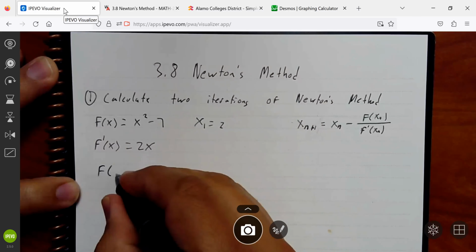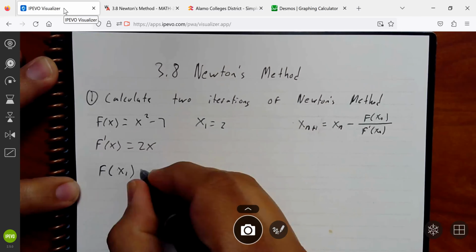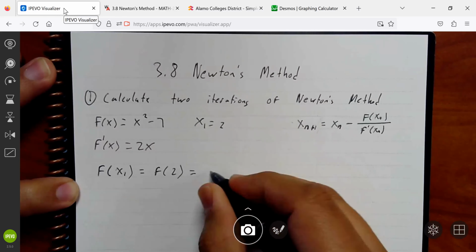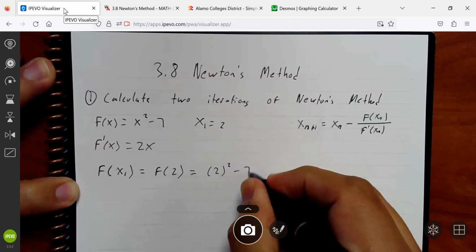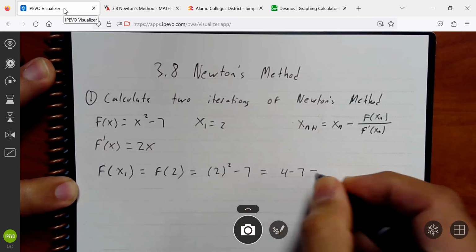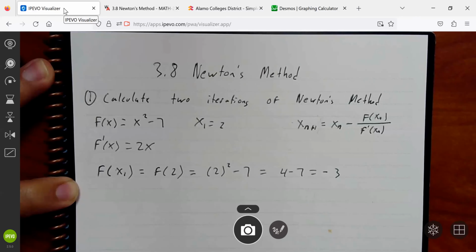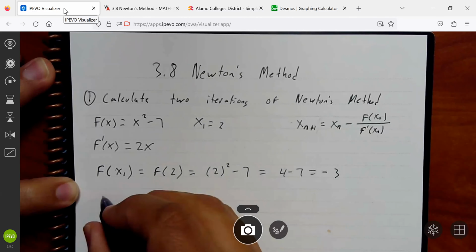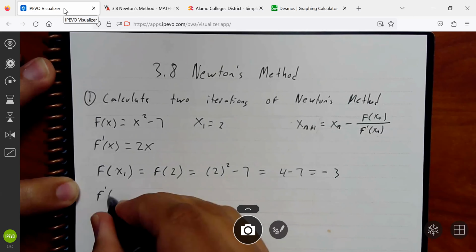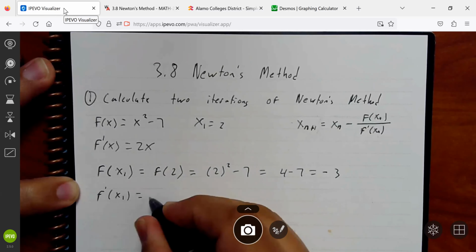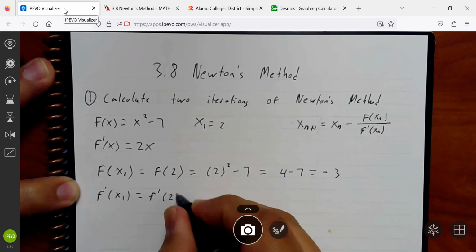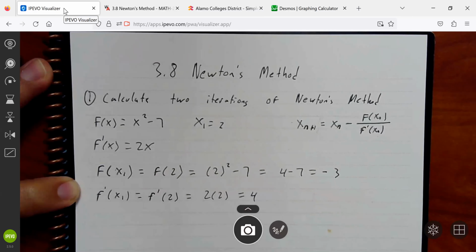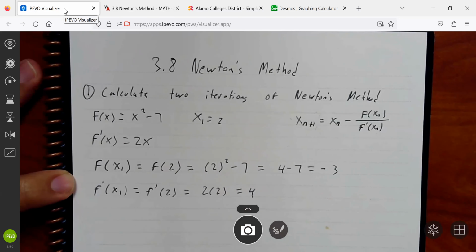F of x1, which is equal to f of 2, is equal to 2 squared minus 7, which is 4 minus 7, negative 3. Now we also need the derivative at that same number. Right? So these are all the pieces we need.